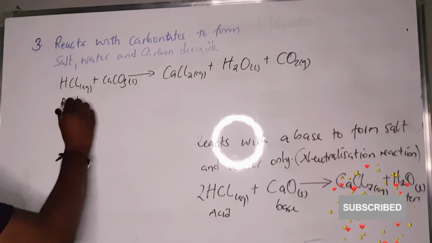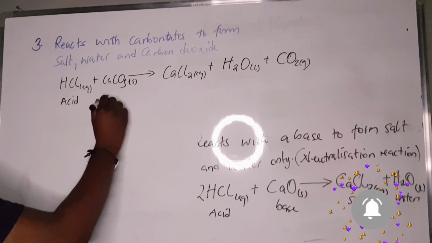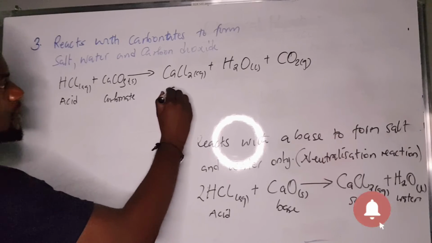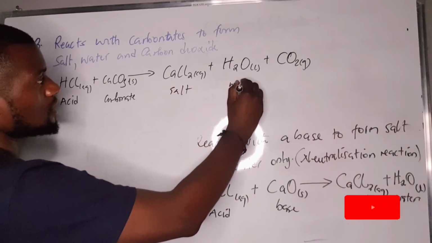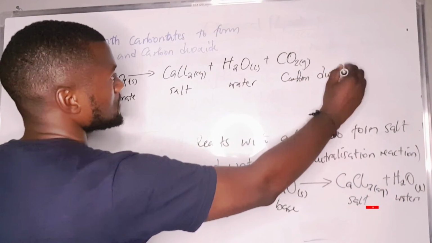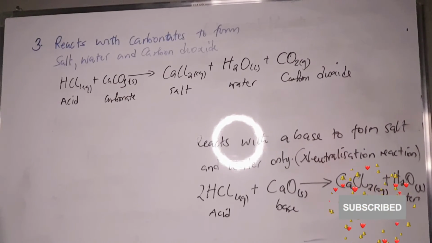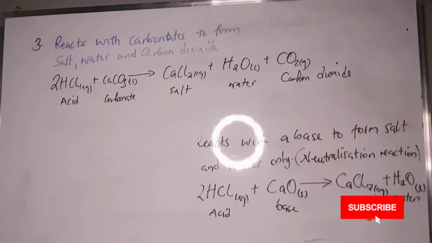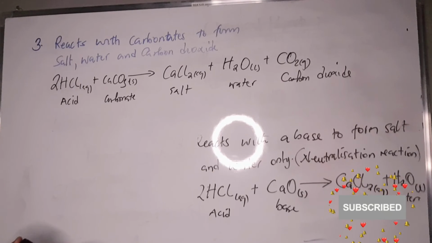This is an acid, this is a carbonate, calcium carbonate, then we have a salt, water, and carbon dioxide. We have to ensure that the equation is balanced, so put a 2 there. This is a reaction where an acid reacts with a carbonate in order to form salt, water, and carbon dioxide.